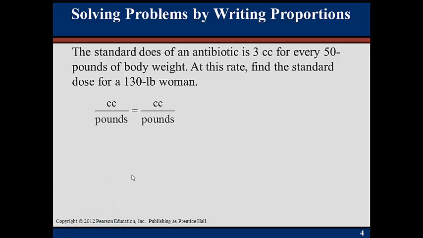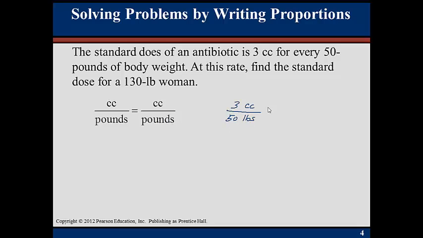Here's another example. It says the standard dose of an antibiotic is 3 cc's for every 50 pounds of body weight. At this rate, find the standard dose for a 130-pound woman. So, we have 3 cc's for every 50 pounds of weight. So 3 cc's for every 50 pounds.